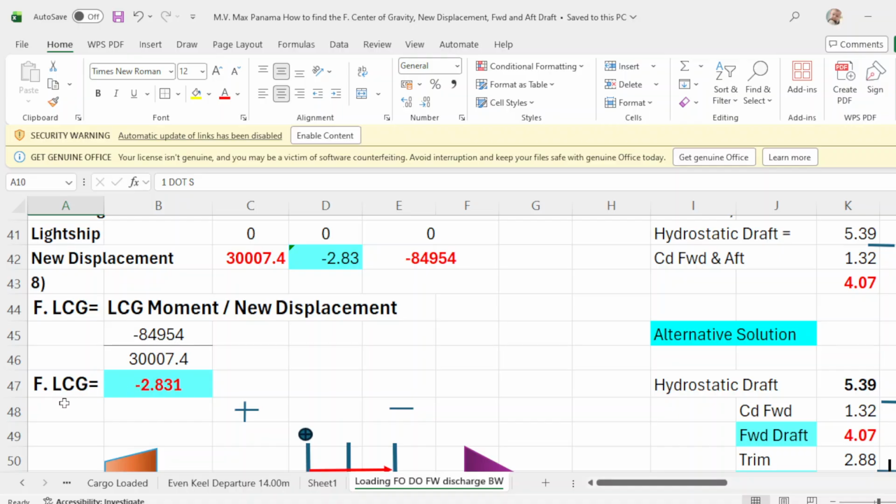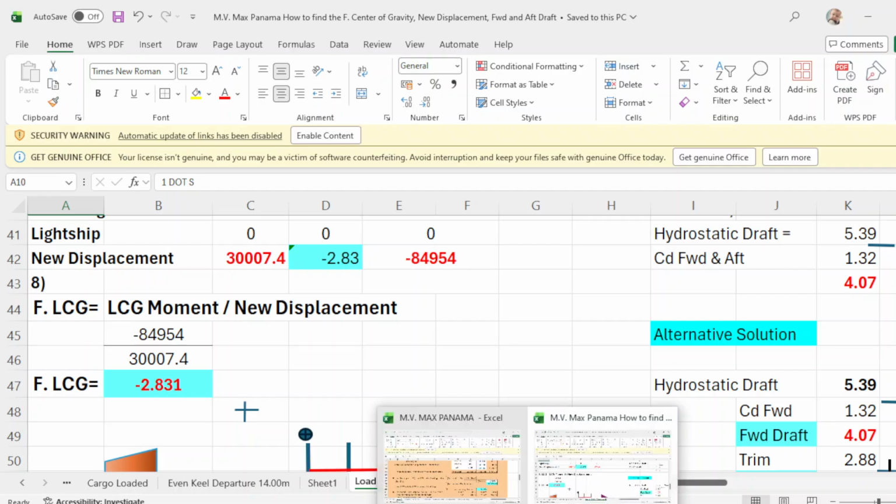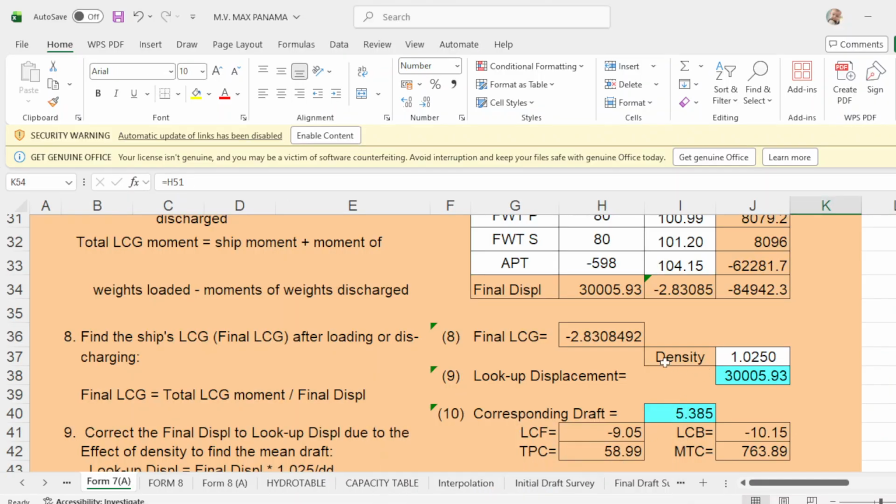And your final LCG is negative 2.831. Your final LCG is negative 2831 rounded off. Okay, that will be your number 8.